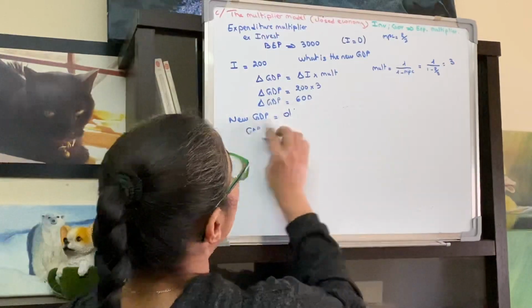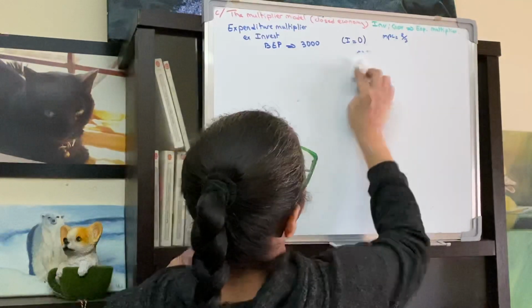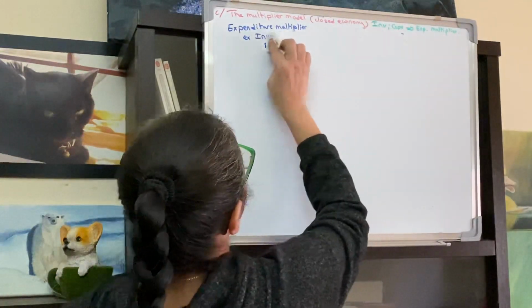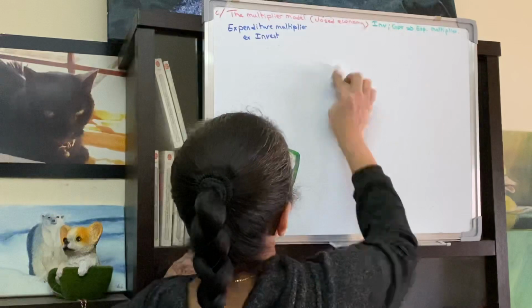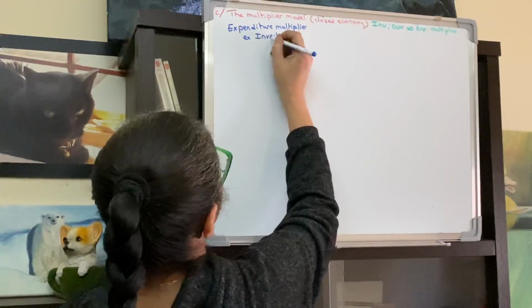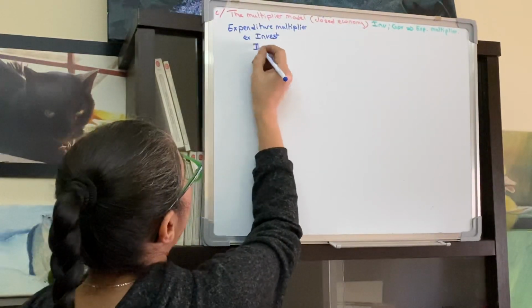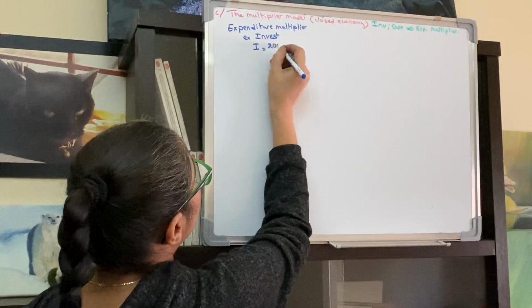Now I'm going to move from I is equal to 200 to I is equal to 300. Only investment for now. The first I had was 200.